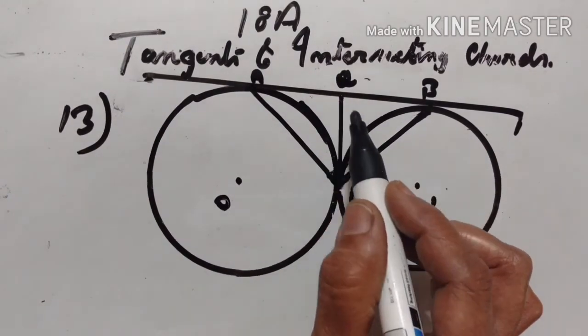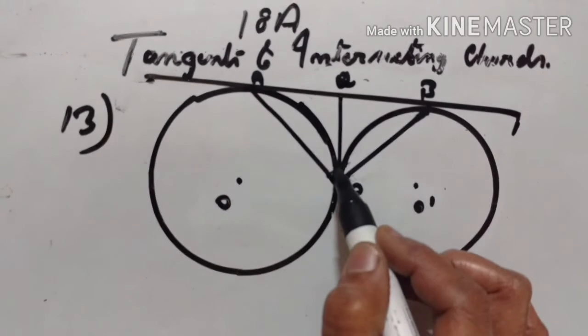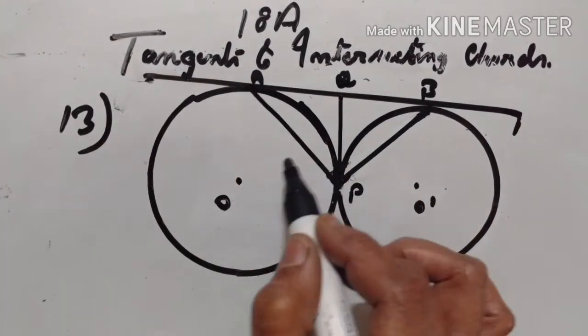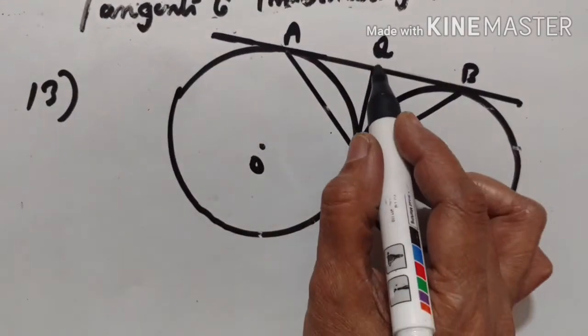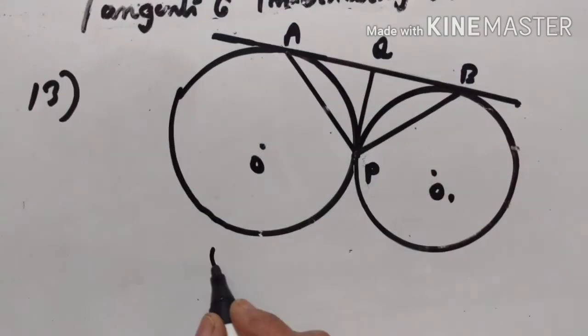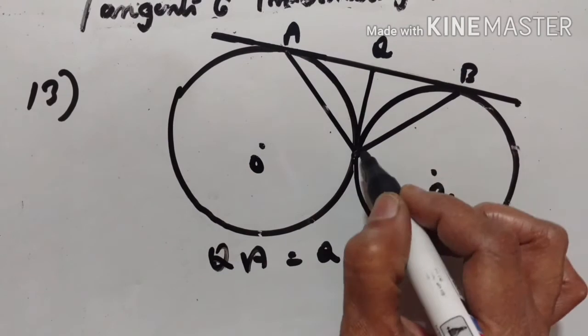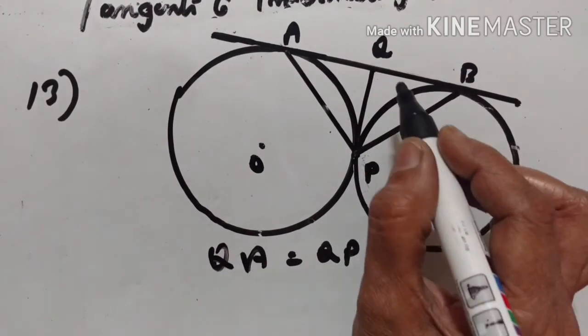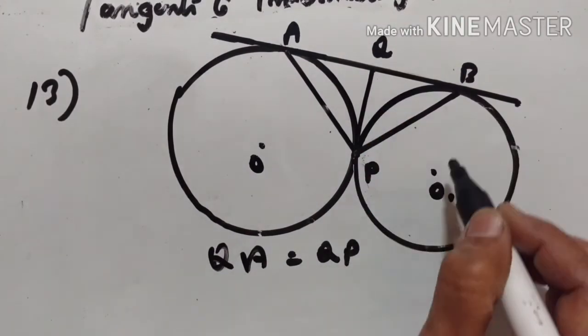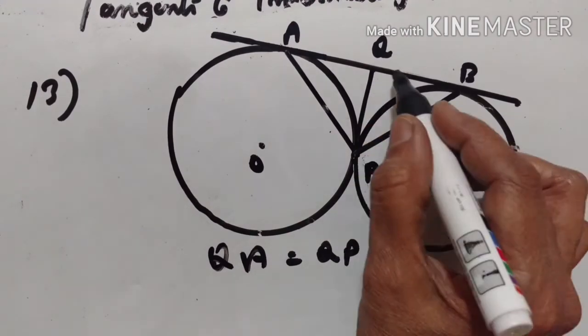From point Q, QA and QP are the tangents to circle with center O. Therefore, QA is equal to QP. Now, QP and QB are the tangents from point Q to the circle with center O dash. Therefore, QP is equal to QB.